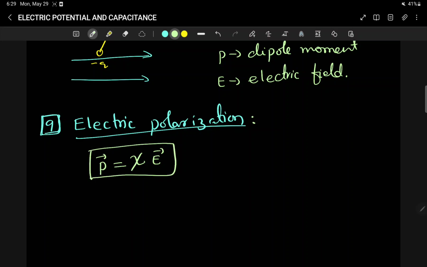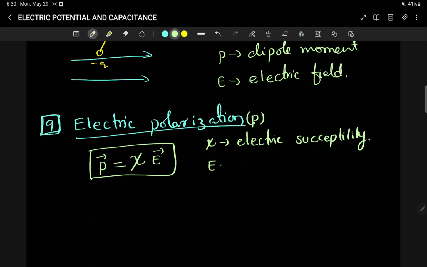Here chi is called electric susceptibility. P is called electric polarization.